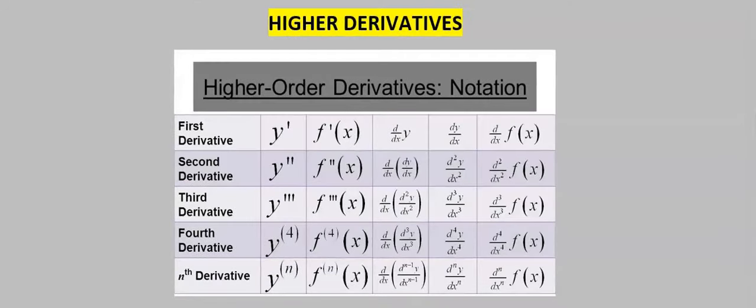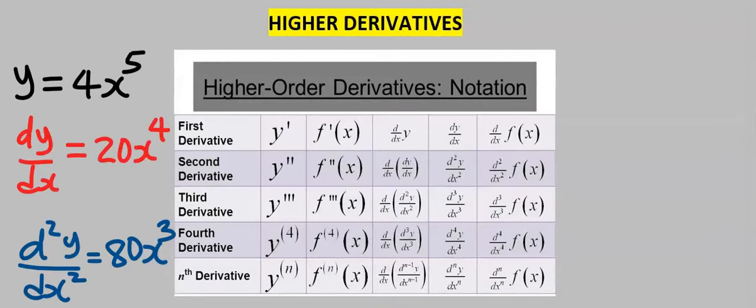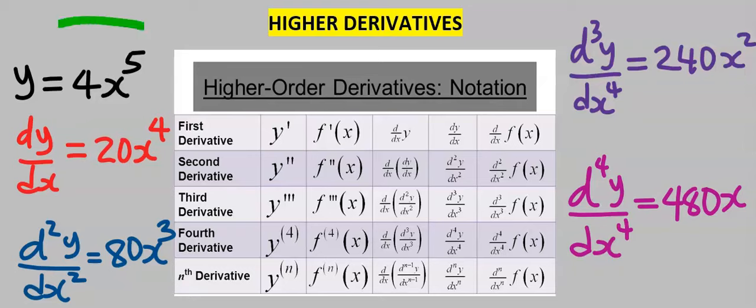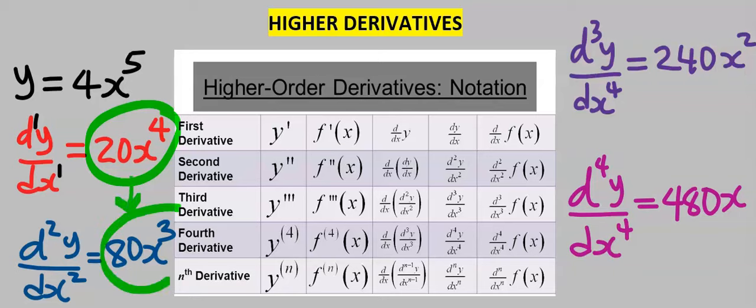Next, higher derivatives. For example, if we are given y is equal to 4x to the power of 5 to find dy/dx. The dy/dx usually has a 1 here. However, we don't usually write it when it is only 1. The first differentiation is this. If we differentiate this again, we're going to have this. When we differentiate this again, we're going to have this.